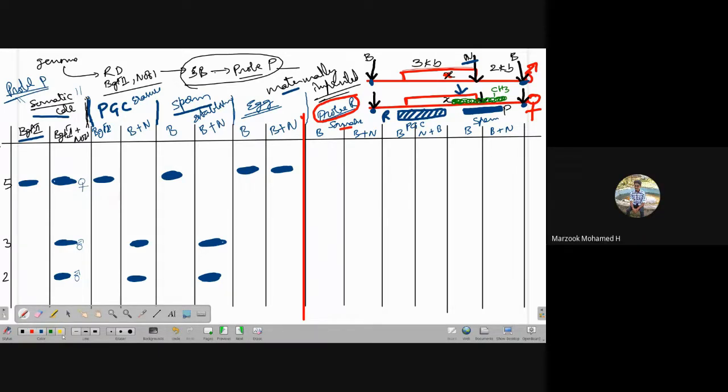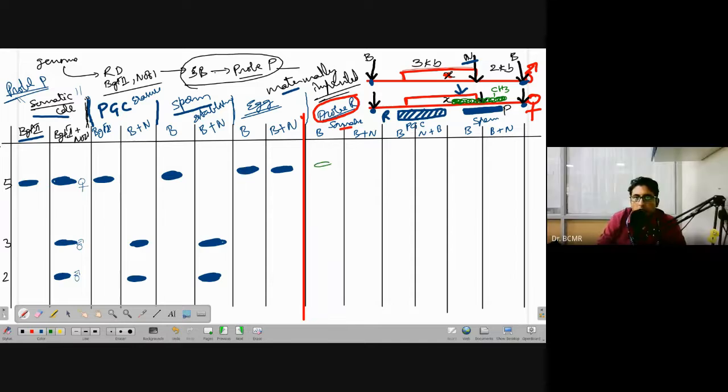5 kb, sir. Okay, this one has no, yes, 5 kb. Then B plus N, what would you expect? Somatic cells. Anybody?